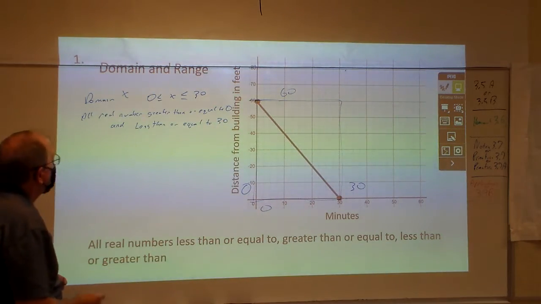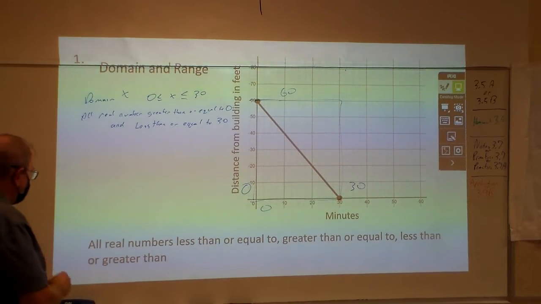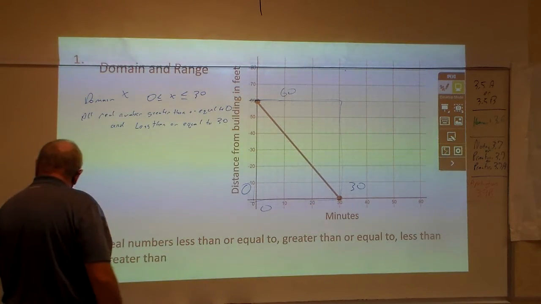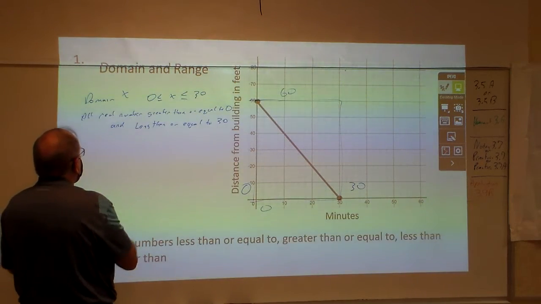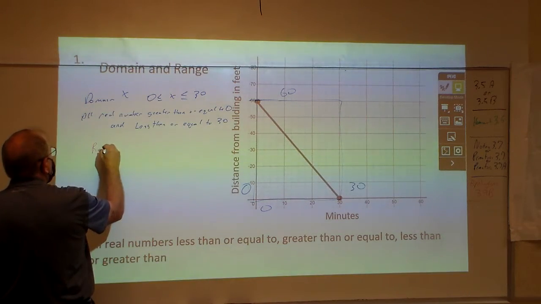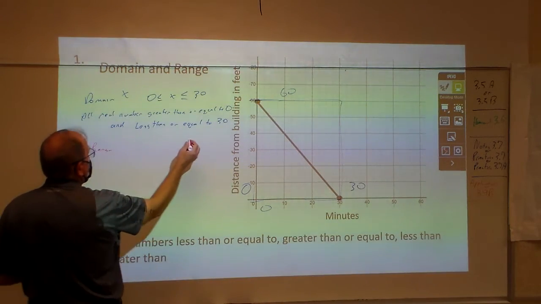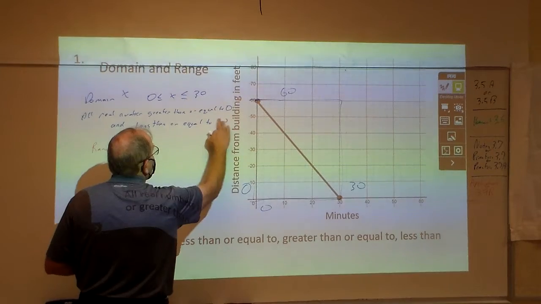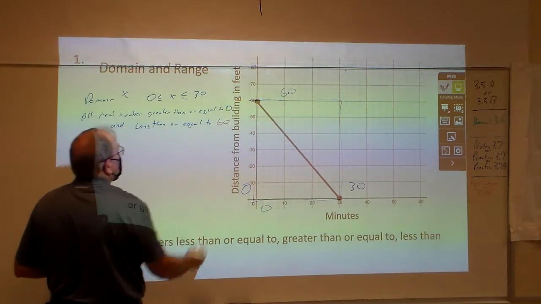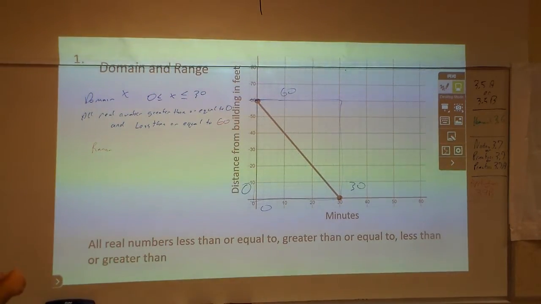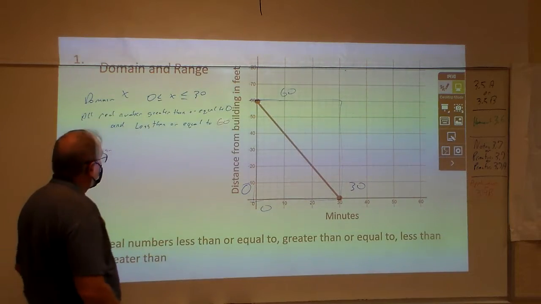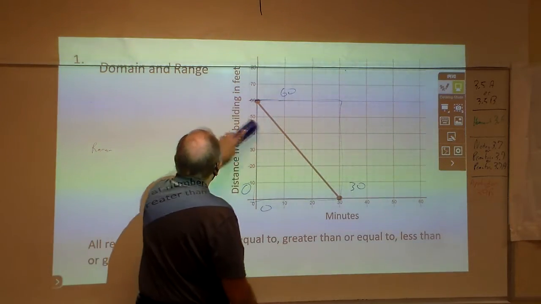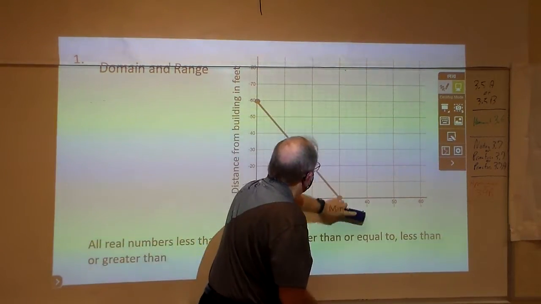Then your range would be exactly the same words, except the 30 would change to a 60, right? Because you can be anywhere from 0 to 60 for that particular one right there, all right?